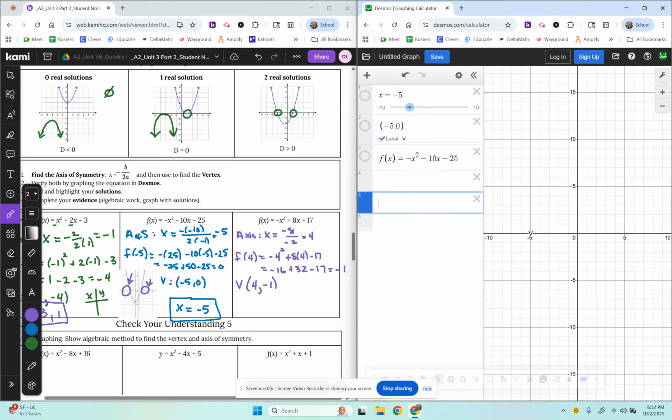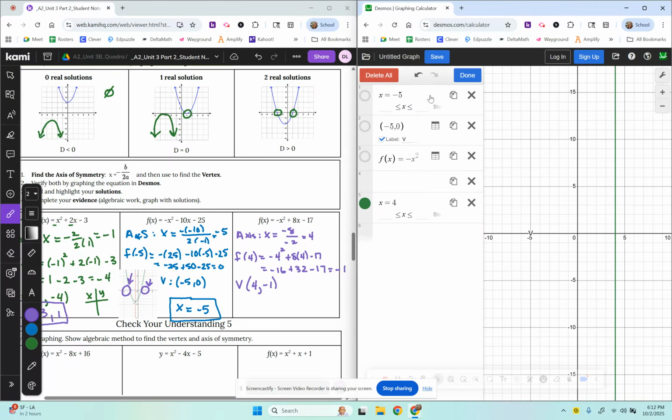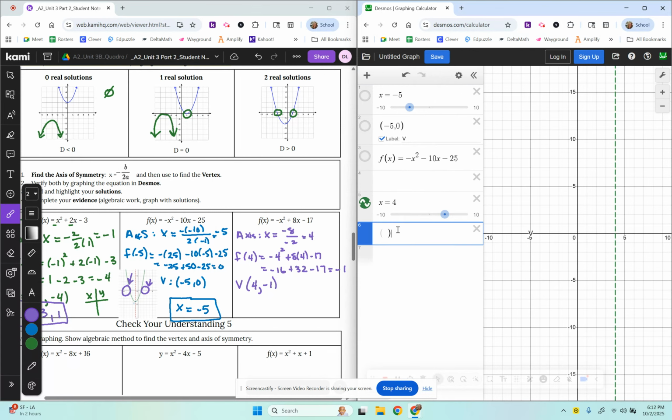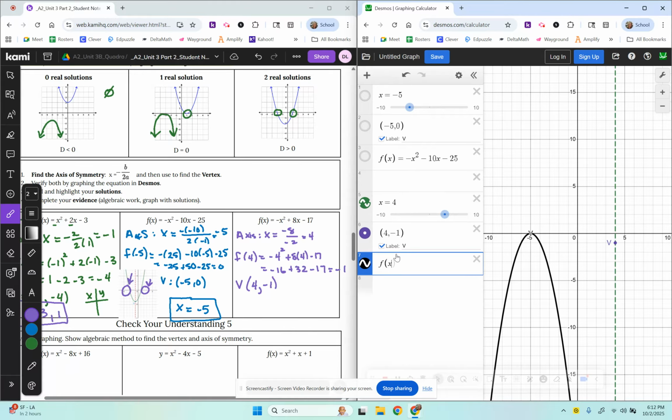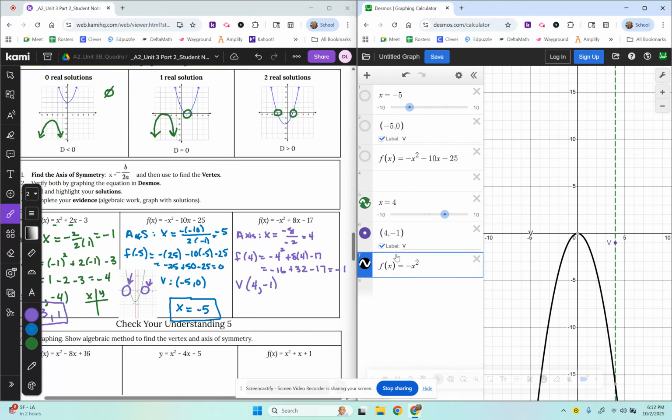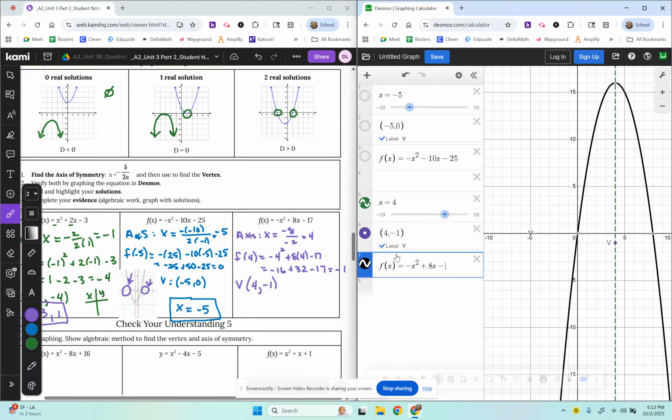We will say our axis of symmetry is x equals 4, and we're going to make this a dotted line. My vertex is at 4, -1, and label that with a V. Then I'm going to write in my equation. So f of x equals -x squared plus 8x minus 17.